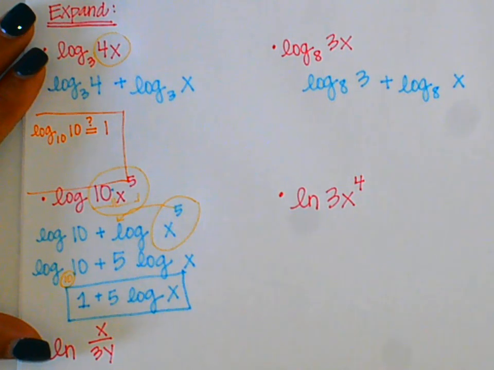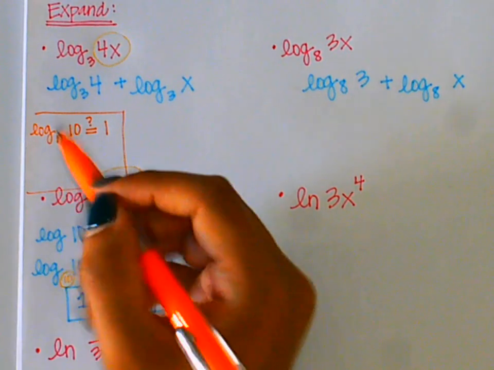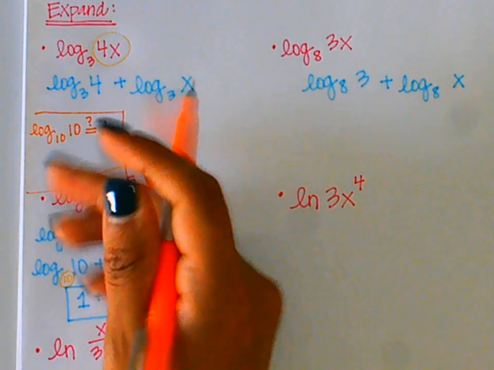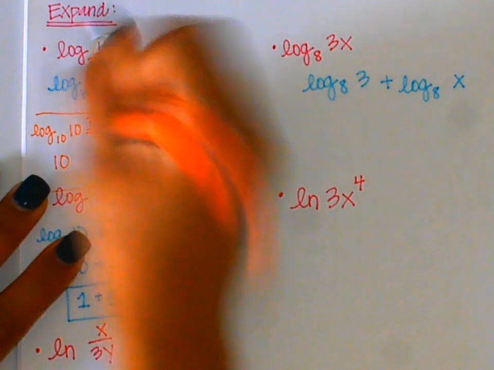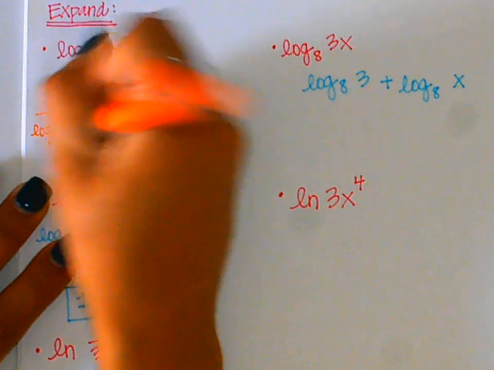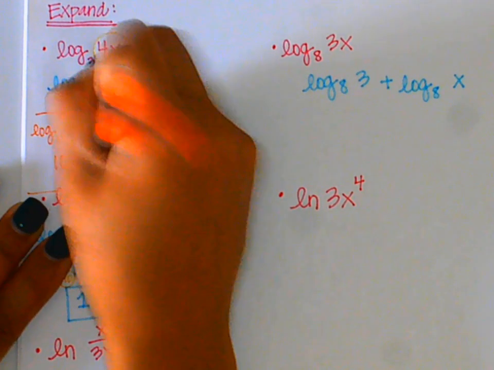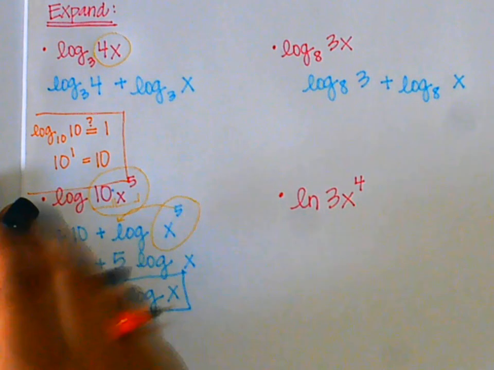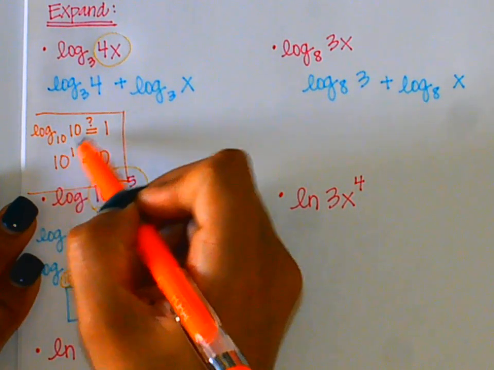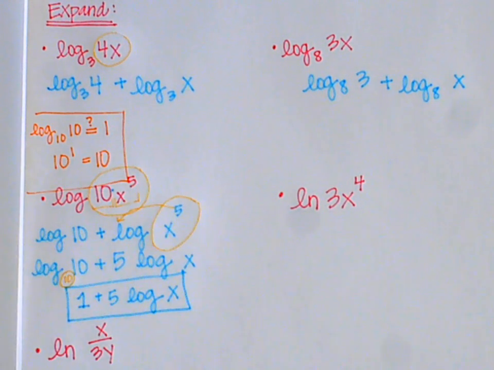So is that statement true? And that would be true for anything where the base is equal to the term. So if I rewrite this as an exponential, so remember my whale, 10 to the power of 1 is equal to 10. And this would always be true as long as your base and your term are the same number.